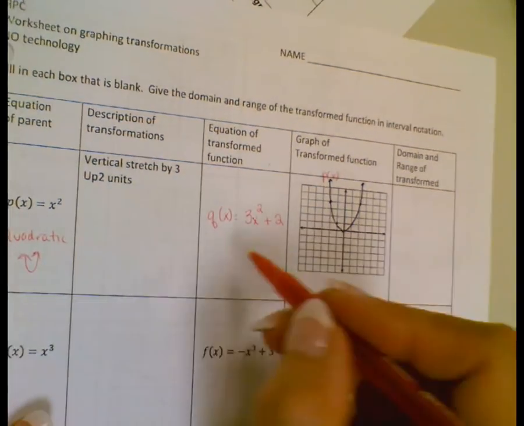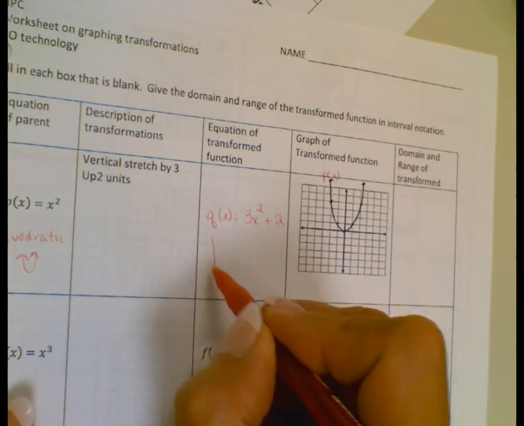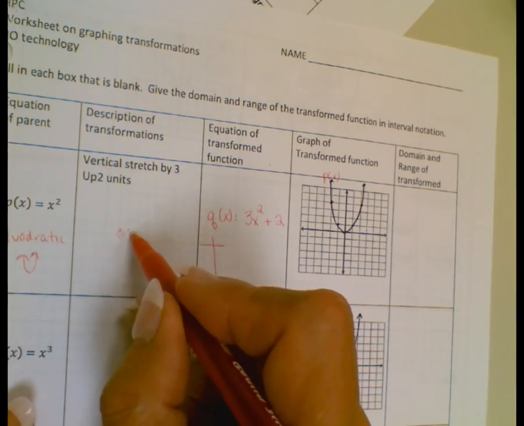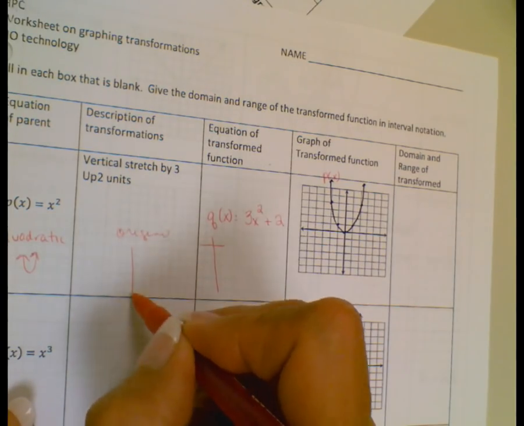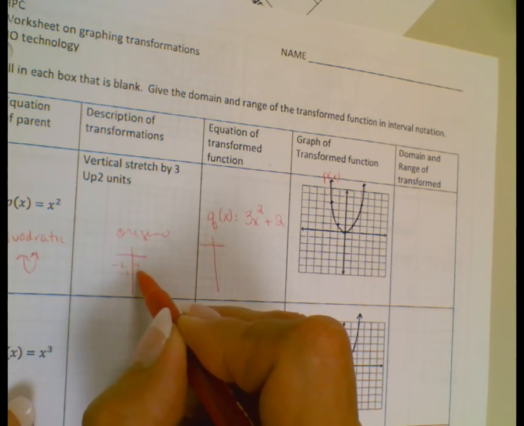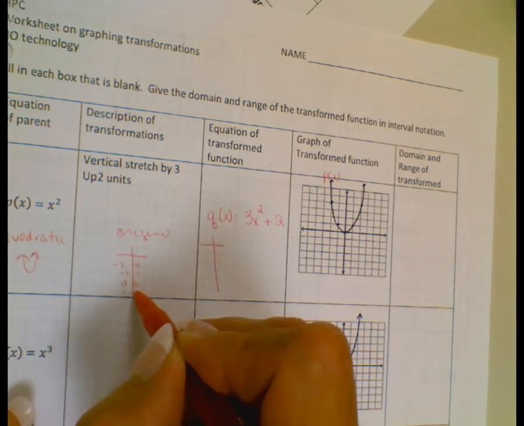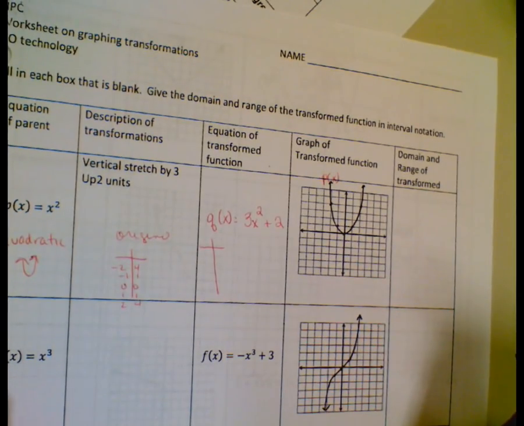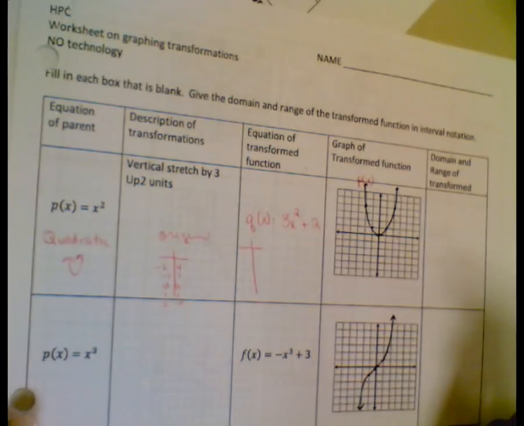Okay, so what I would do is maybe do 2 t-tables. Our original t-table is -2, 4, -1, 1, 0, 0, 1, 1, 2, 4. That's the original 5 points. If you look at the quadratics on the board, that's what you would see.